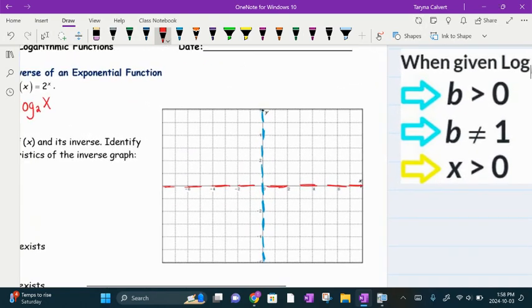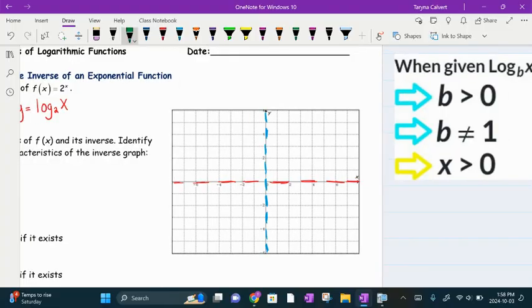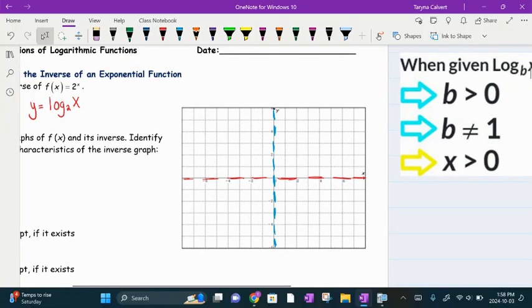Let's do that one as green now. Christmas, because Christmas will be here before we know it. Okay, so if I put -1 into my original, 2 to the -1 is 1/2. Do you guys agree? I'm just picking numbers that I can do pretty quick in my head. 0 into my original, I'll get a 1. 2 into my original, I'll get a 4.